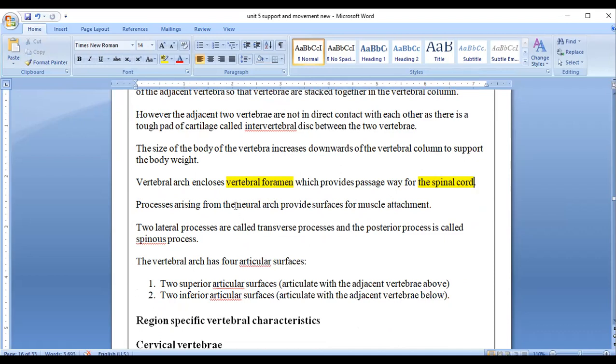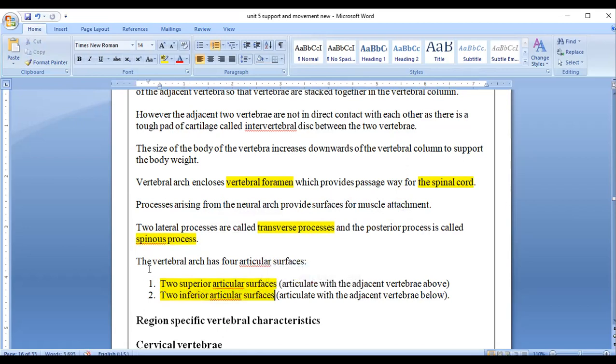Okay, your book is using this word also. Processes arising from the neural arch, vertebral arch, your book uses, neural arch also your book uses. There are several processes there. There are two transverse processes, one spinous process, two superior articular surfaces, two inferior articular surfaces.